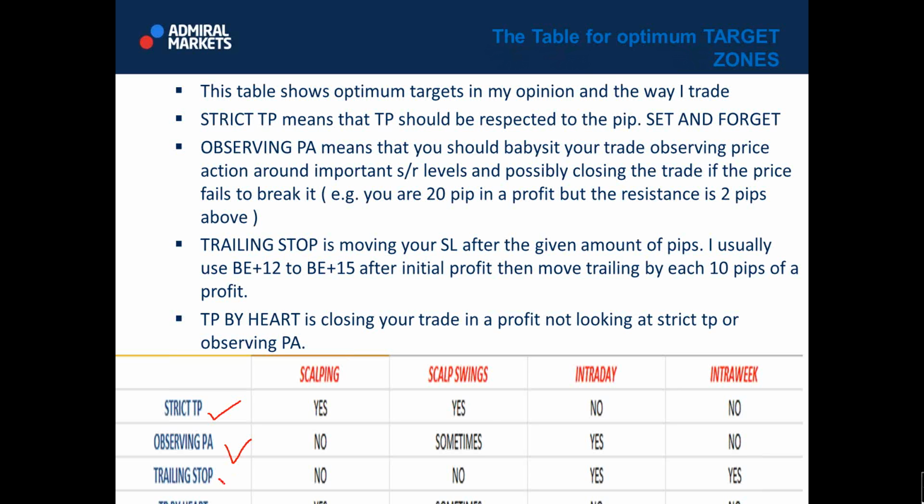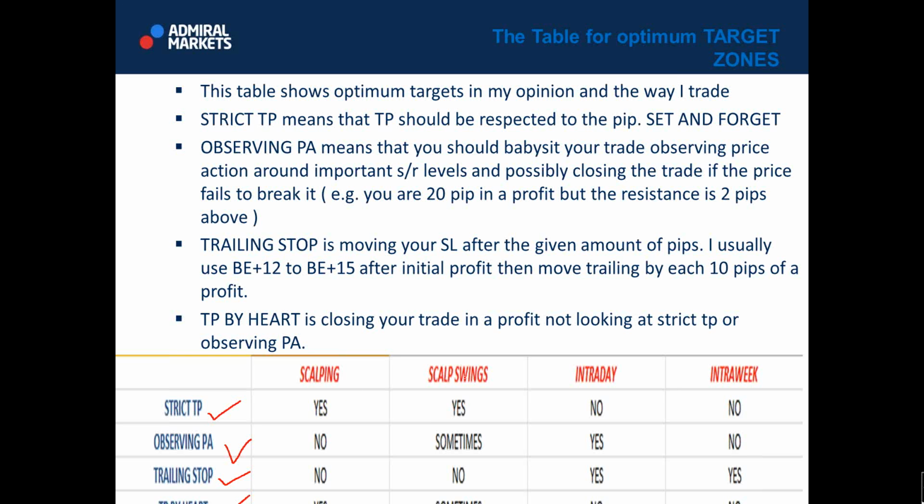You don't use a trailing stop unless you are turning a scalp into a scalp swing and a scalp swing into an intraday trade. If you remember the webinar on how to turn a scalp into a scalp swing and a scalp swing into an intraday trade, you know what I'm talking about. When you're scalping, you can take profit by heart.